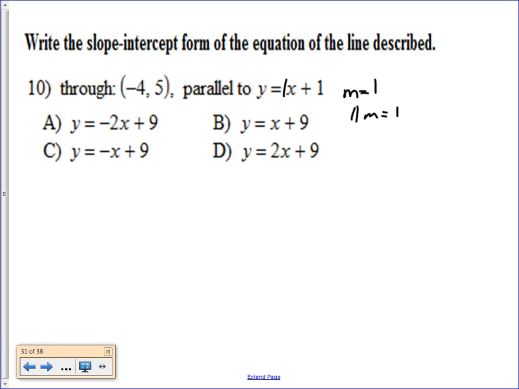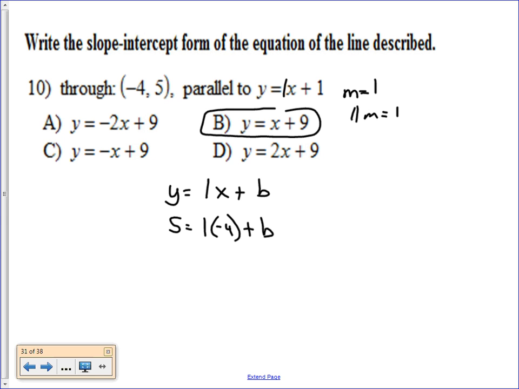The only problem that has a parallel slope of 1 is the answer letter B. If you need to see where this comes from, when it's y equals slope 1, x plus b, then it's just a matter of plugging the 5 and the negative 4 in. Make sure you don't see this part right here and go straight to B as your final answer until you do the rest of the work for the problem.